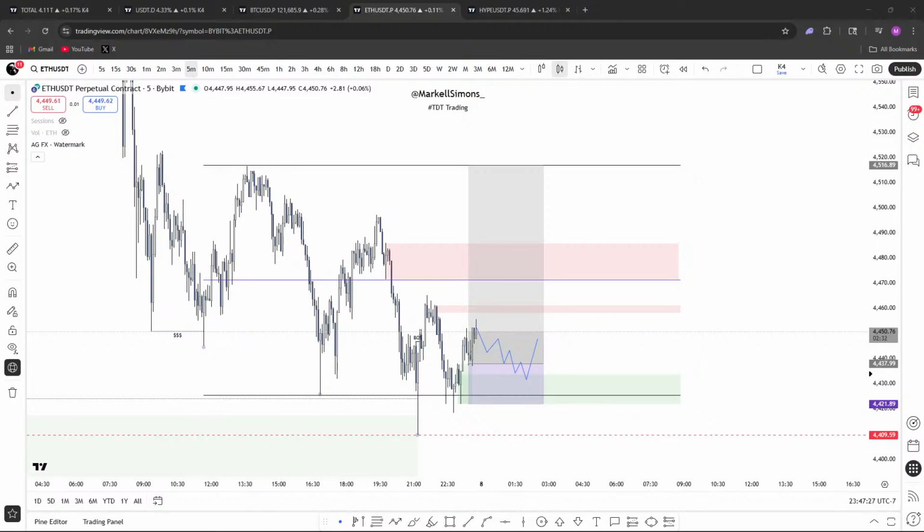Ethereum. Potential last point of support, LPS entry. Trade your confirmations, not your expectations.